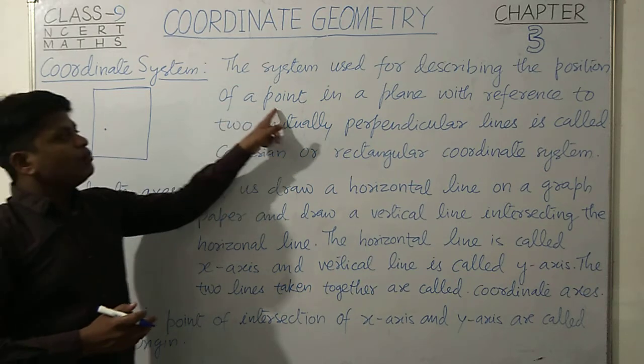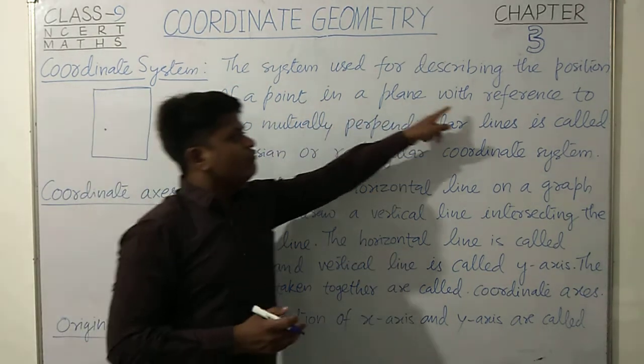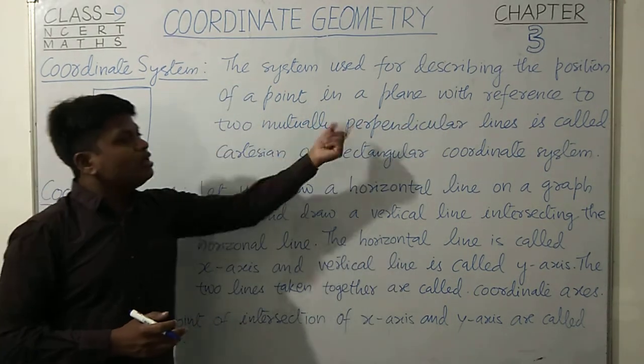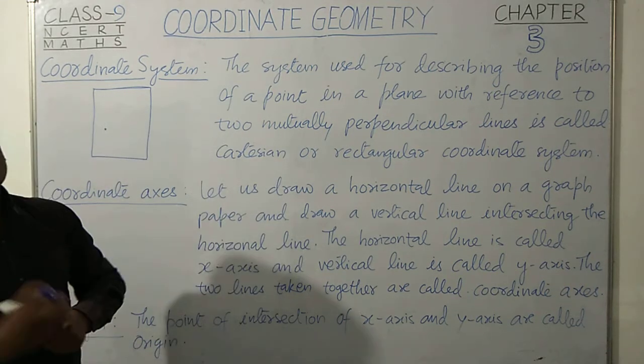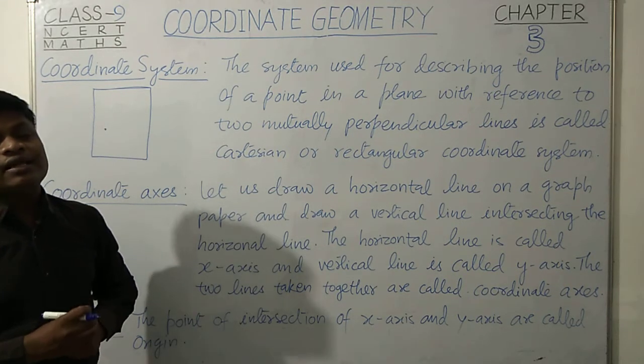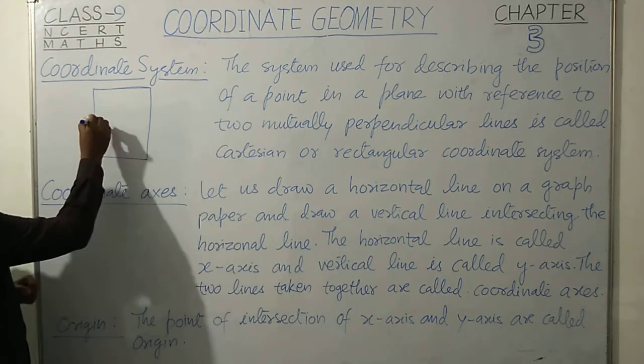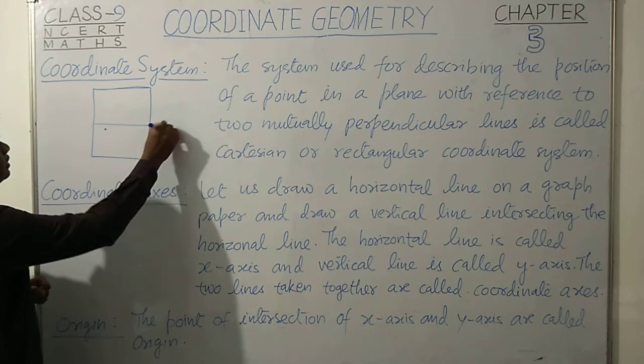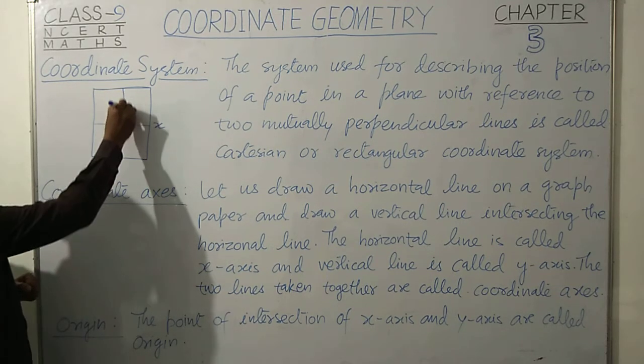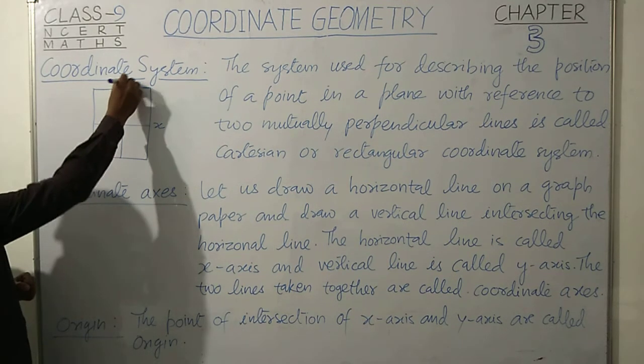So to find out the point in a plane with reference to two mutually perpendicular lines. Two mutually perpendicular lines means these are the axes. One is the horizontal line, which is known as the x-axis, and another is the vertical line, that is the y-axis, right?